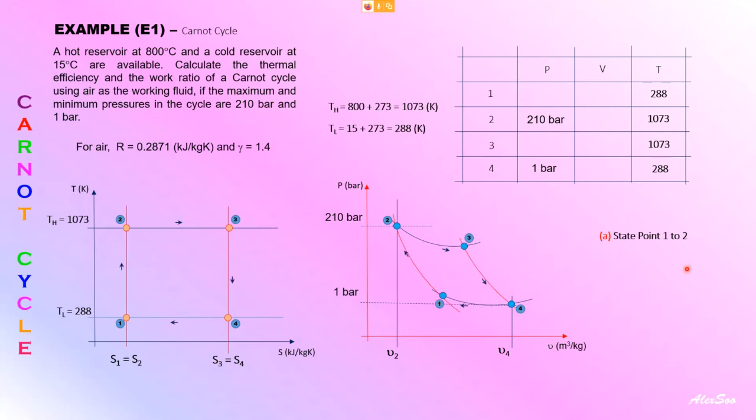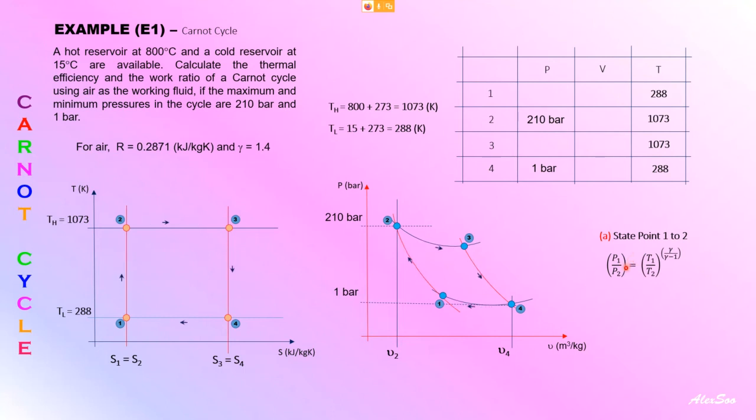For isentropic processes, to find pressure, volume, or temperature, we have a set of formulas. I hope you have watched the video or podcast earlier; those are based on your Thermal 1.